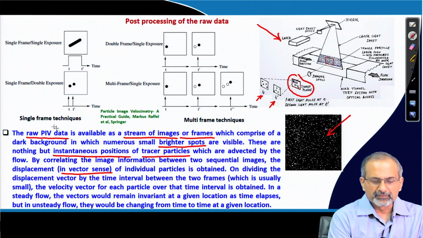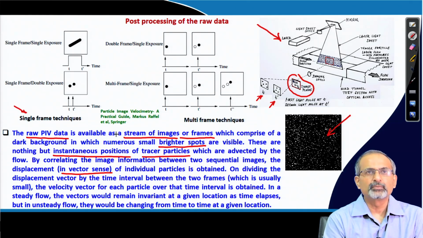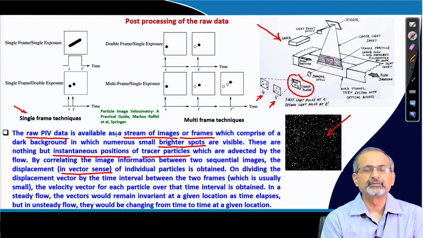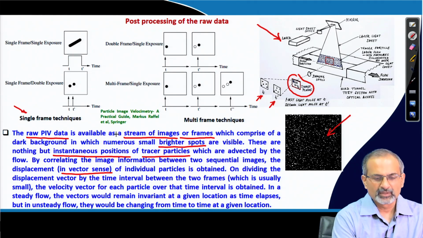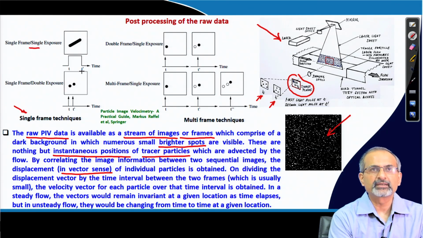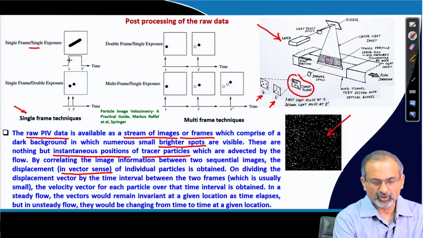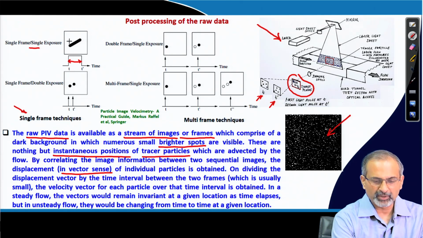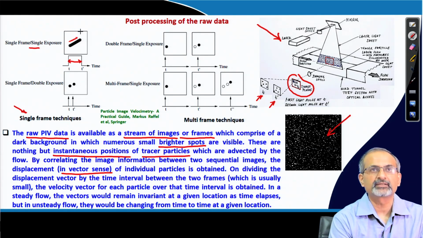When we look at different ways of analyzing this picture, there could be different kinds of techniques deployed. You have a single frame technique where in a single frame you look at the particles over a certain time corridor and you keep looking at them through the entire corridor. So, the particle essentially traces a path during that period and you get a kind of a streak.